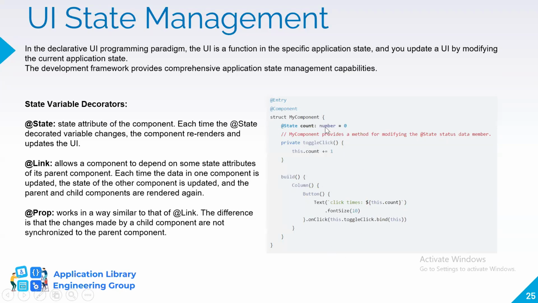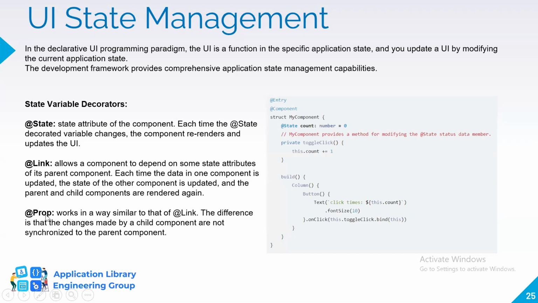In this particular example, when the button is clicked, toggle click is called, wherein the count variable is incremented. Since it's a state variable, the build function will be called again and the UI updates. That's the functionality.